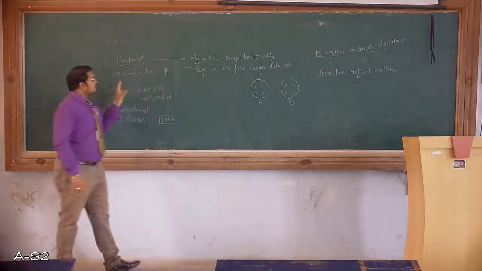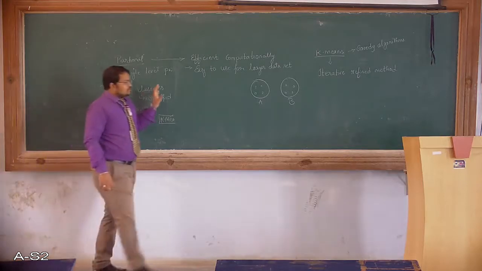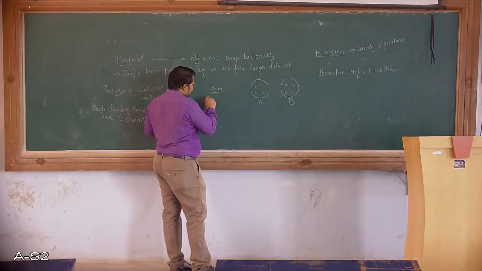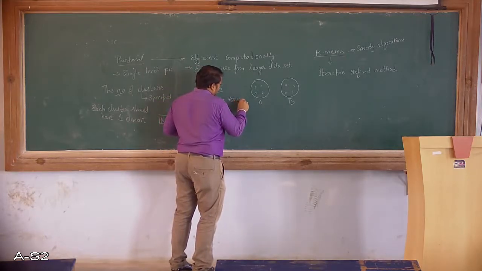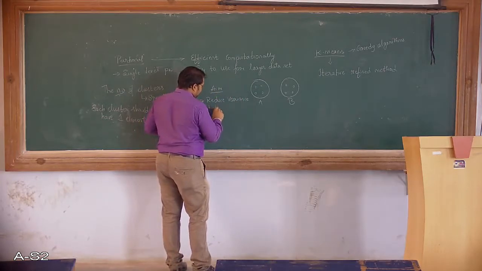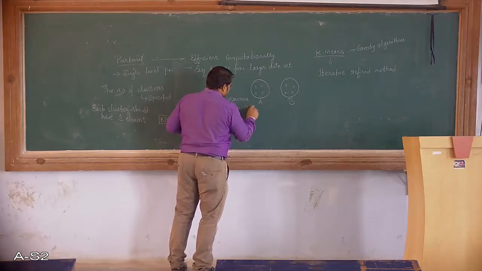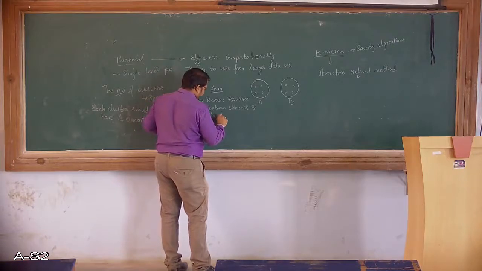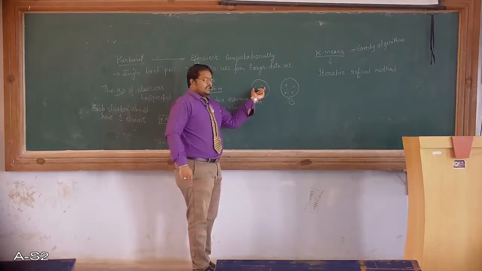So whenever we are using the partitional methods in cluster analysis, the main aim is, one, reduce variance between elements of the same cluster, which means the variance between the elements in the same cluster.